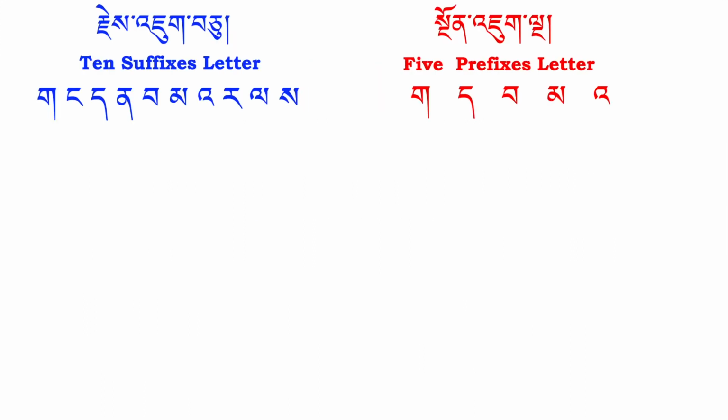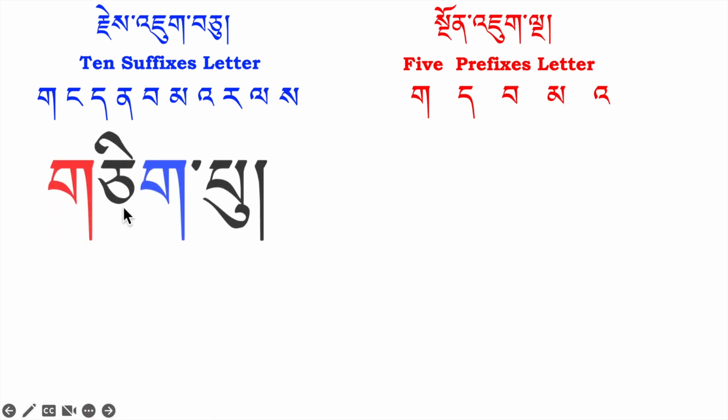Okay, let's start here. Now you can see jinjuk chu, the 10 suffix letters, which we already learned, but we also have to continue learning. Today we are going to learn ngunjuk nga, the 5 prefix letters ka, ta, pa, ma, a. Look at the example.